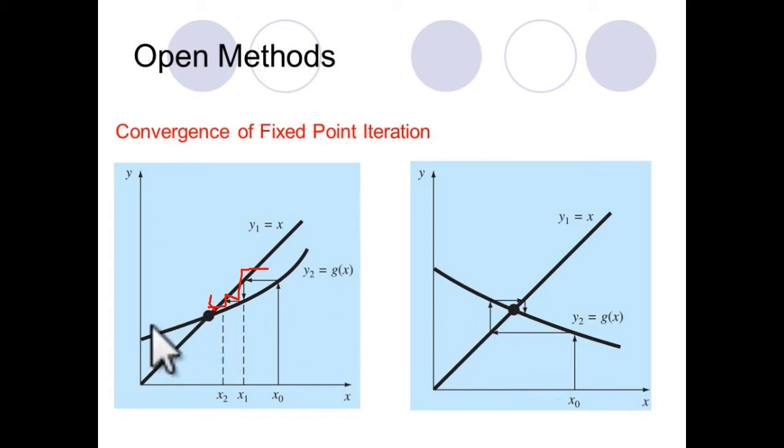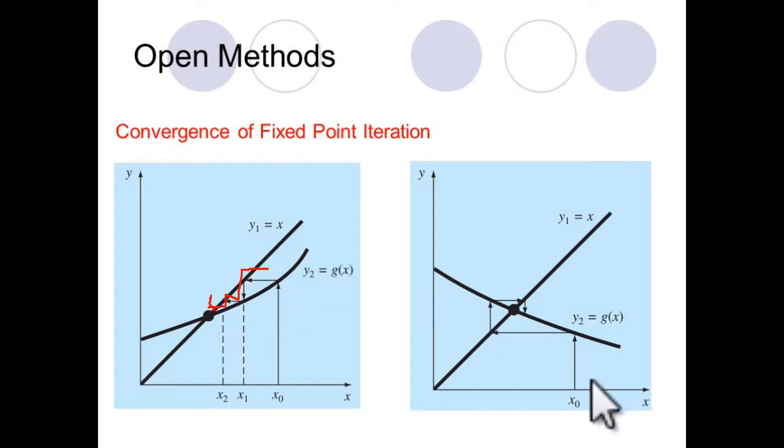Okay, so this is one example. And of course, if you look at this function, now the slope of the g is smaller than 1. You see, because y1(x) has a slope of 1. Therefore, in this region, it is smaller than 1.